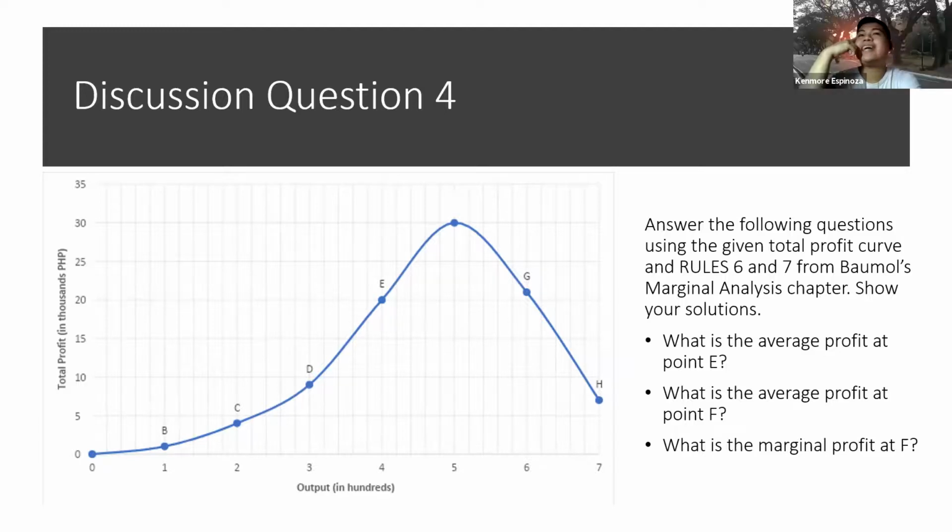Yeah, that should be correct. The average profit at point E is not 5 but 50. We should be clear on the units so we don't get confused. For point F, instead of 6, that should be 60. Now what is the marginal profit at point F?